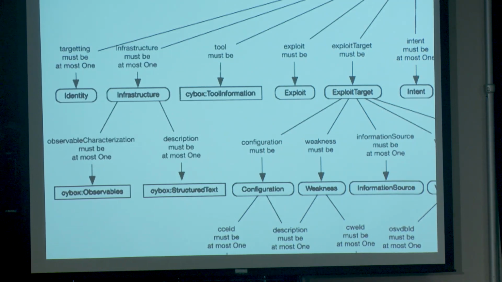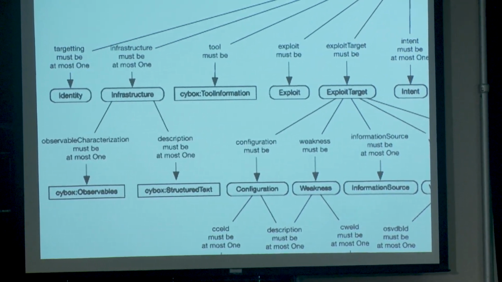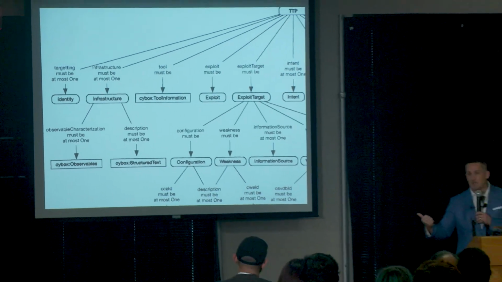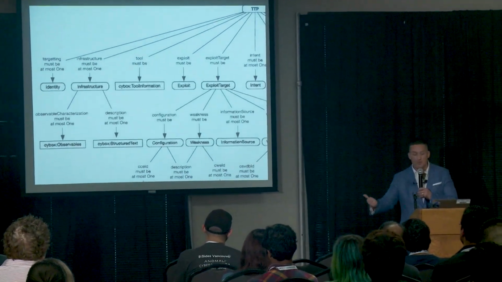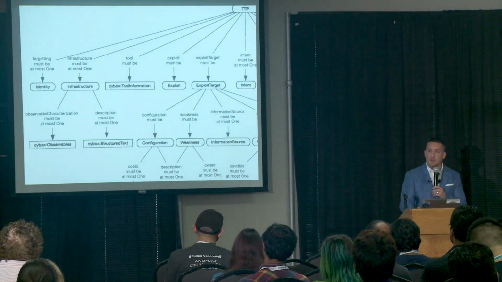In the schema of TTPs in Styx, there are things like what is the actual exploit? What is the exploit target? You have the opportunity when you're doing threat modeling to build a library of exploits. What are the possible exploits associated with my attack surface on the infrastructure side? With the exploit target, we're talking about the MongoDB database as one target example. That particular MongoDB had a misconfiguration.